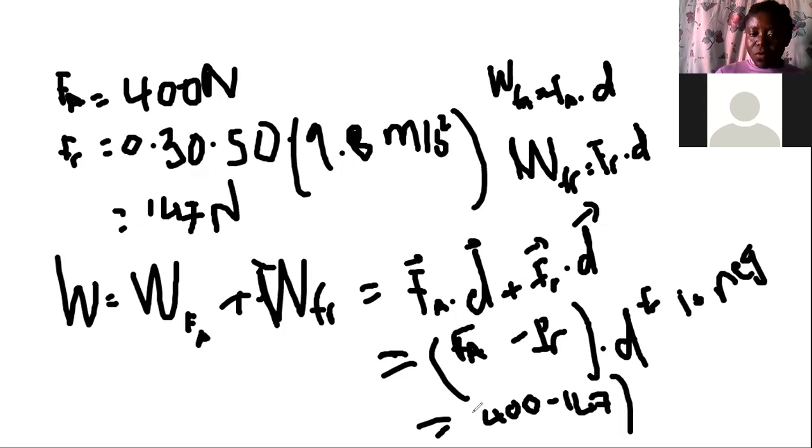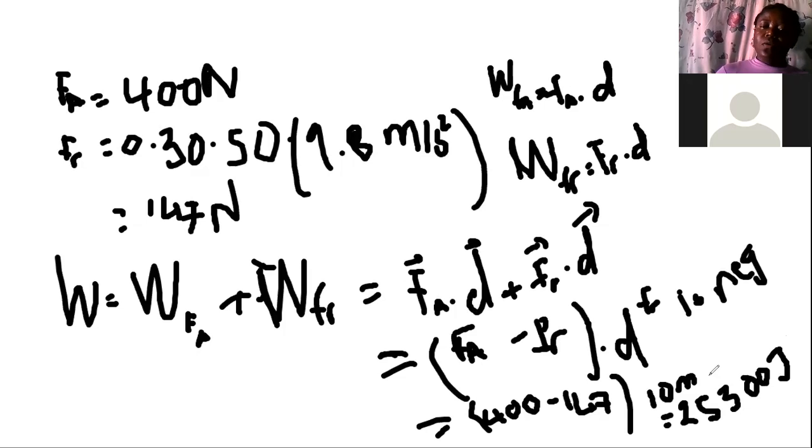And I know what my displacement is, which is 10 meters. So doing that, we have that the work done on the crate equals 25,300 joules.